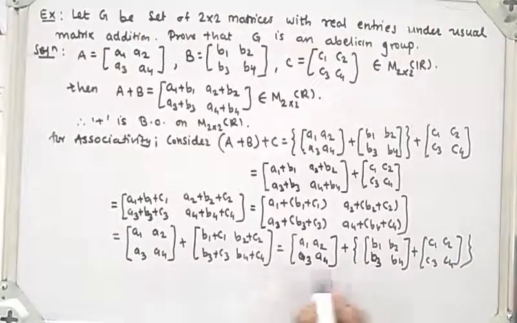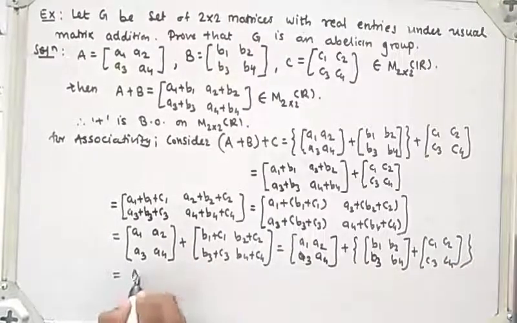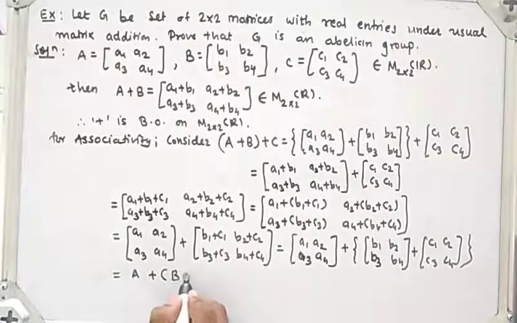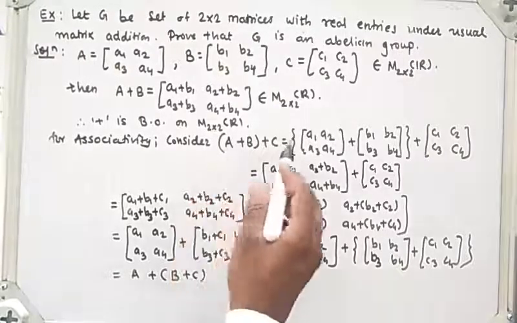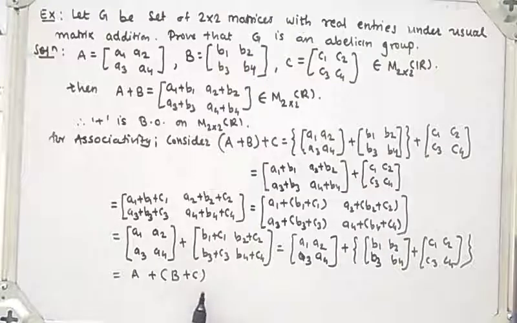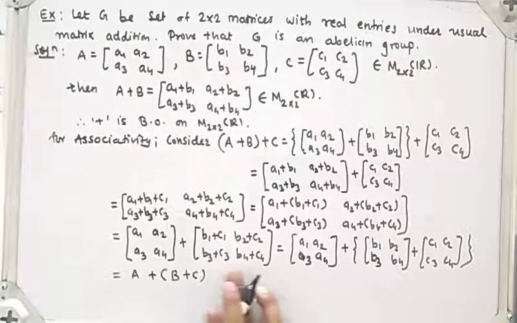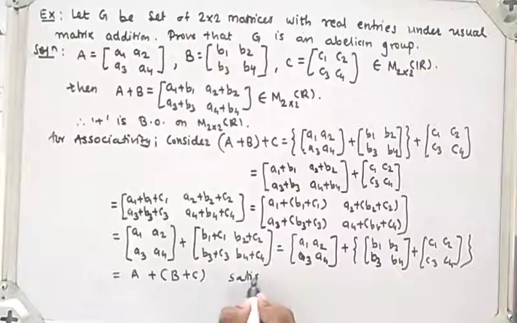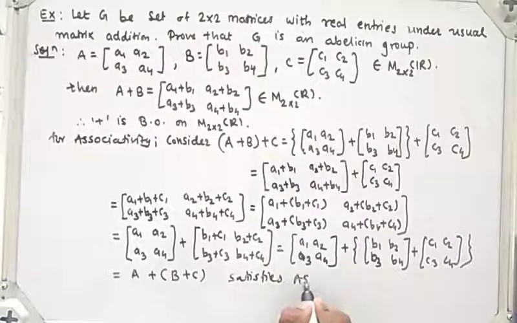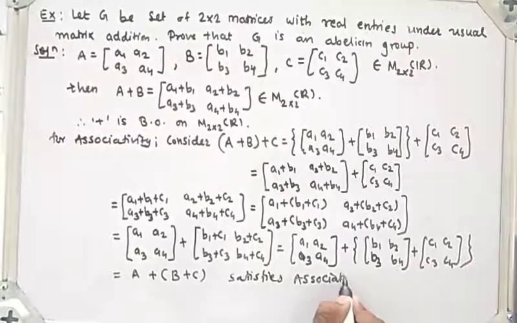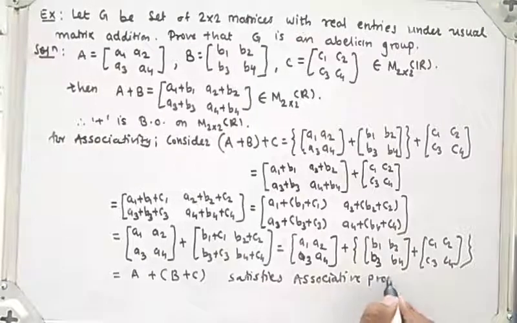So this is a plus this is b plus c. So here a plus b plus c is the same as a plus b plus c, therefore it satisfies the associative property.